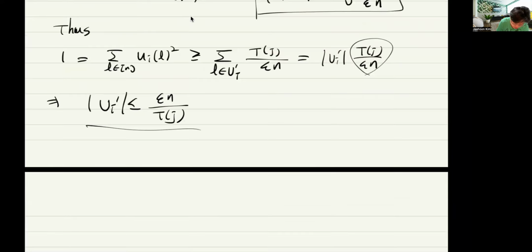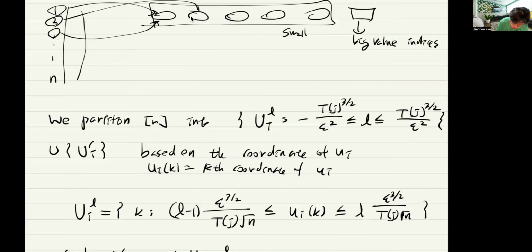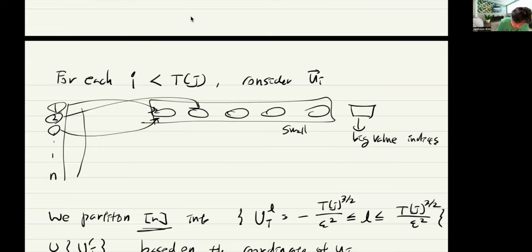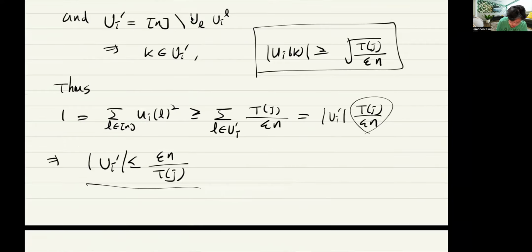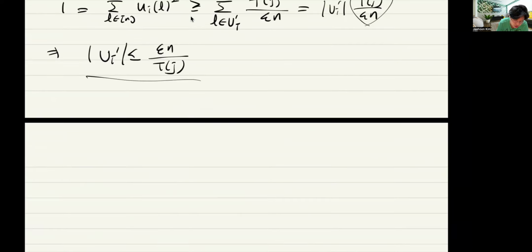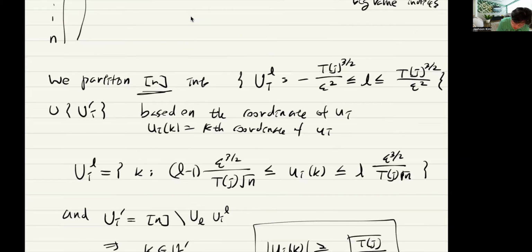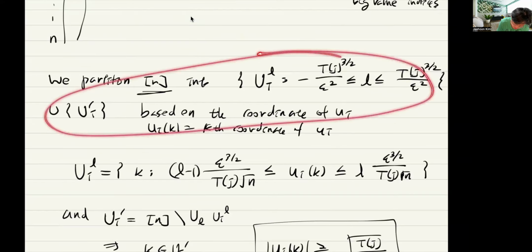Now we have this partition for each i, for all this one. Now that we want to partition the indices 1 to n into groups, so that if, say, k and l are both in this group, then we want to make sure that they belong to the same group in this partition for all i.